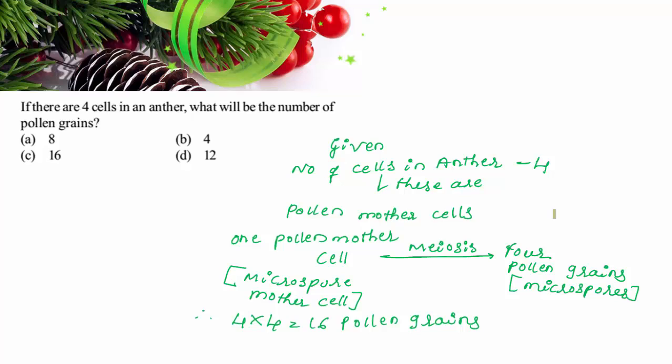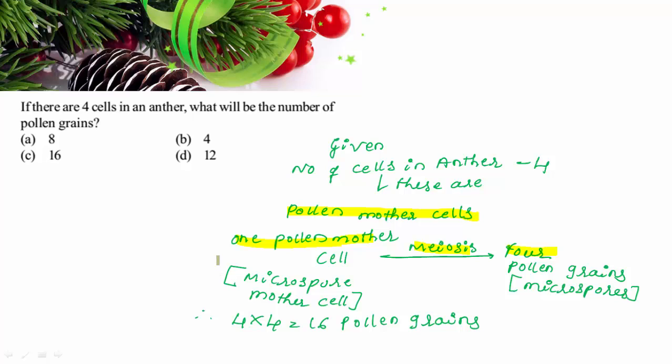If there are 4 cells in an anther, what will be the number of pollen grains? 8, 4, 16 and 12. The number of cells in the anther are 4. The cells of the anther are nothing but pollen mother cells. When a pollen mother cell undergoes microsporogenesis through meiosis, how many pollen grains are produced from one pollen mother cell? 4 pollen grains are produced.